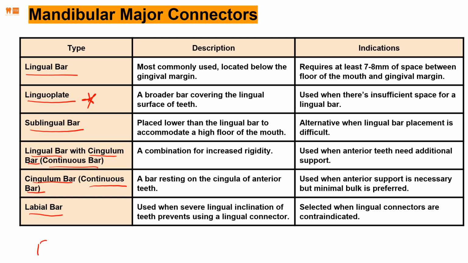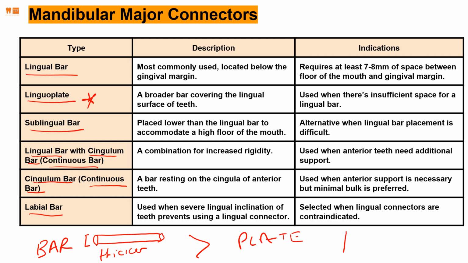A bar, just like it's referred, is more cylindrical, okay? Which means that this thickness is going to be thicker than a plate. Now, a plate is more of a broad, but a very, very fine thickness.